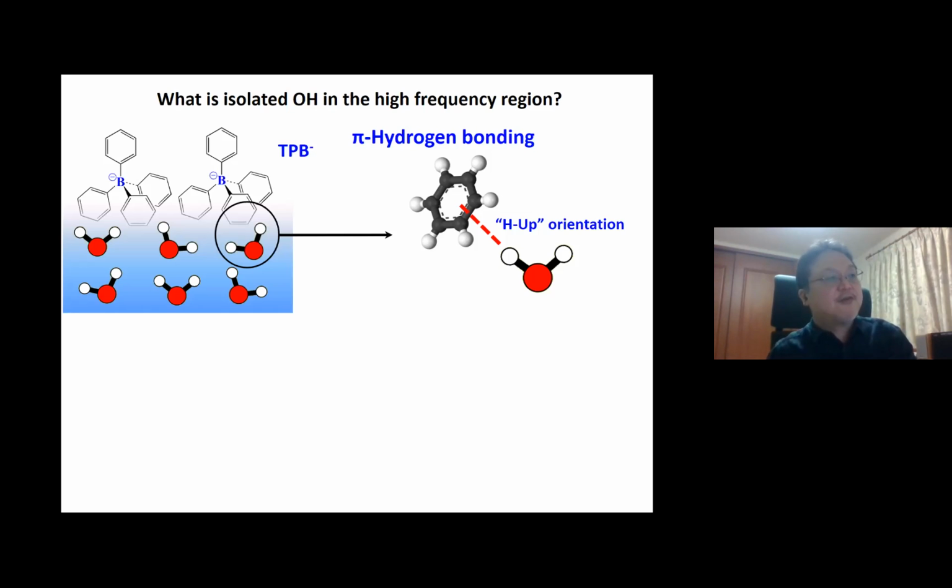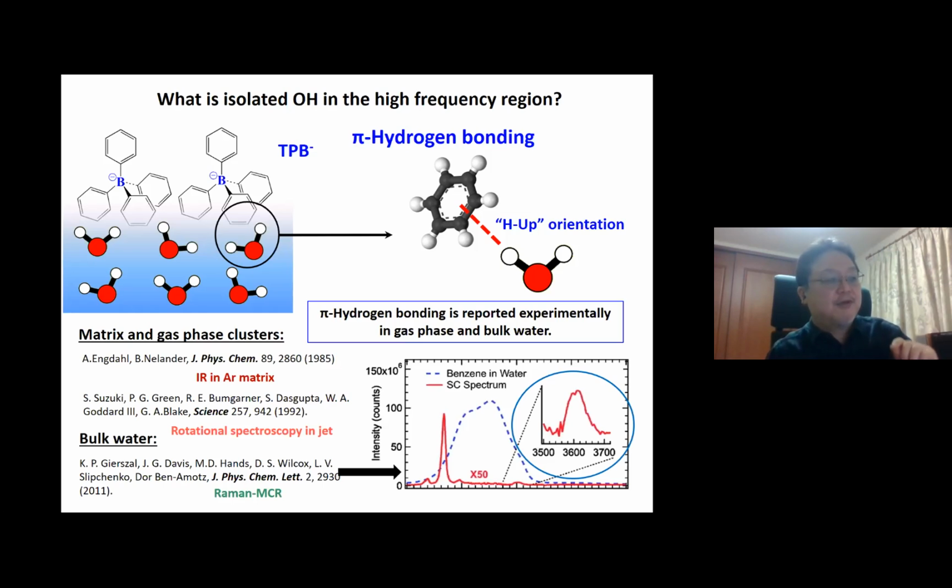In fact, pi hydrogen bonding has been reported and observed in infrared spectroscopy in an argon matrix, and in a supersonic jet beam by rotational spectroscopy. And recently, by using Raman MCR analysis, even in the bulk, the pi hydrogen bonded OH has been found.